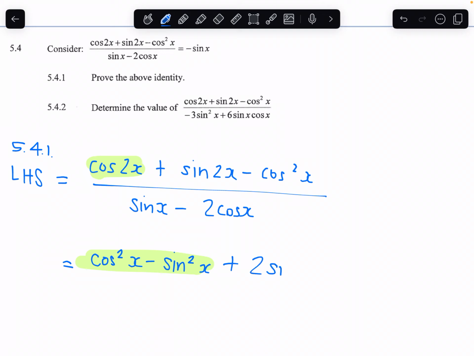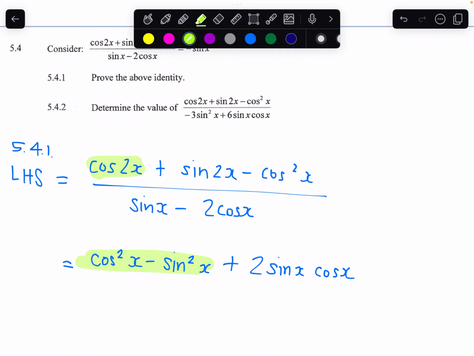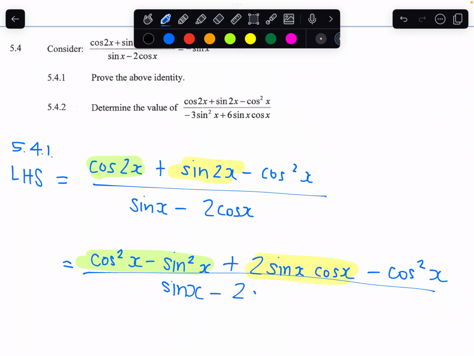That is 2 sin x cos x. So that's easy enough. And then this one I'll leave this way for now. And we're already seeing opportunities to cancel over there, so that's cool. And the bottom will just be sin x minus 2 cos x.